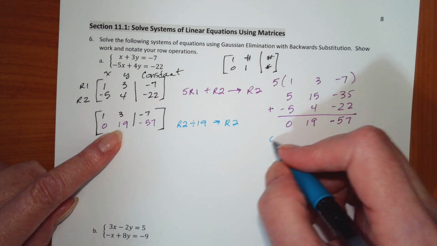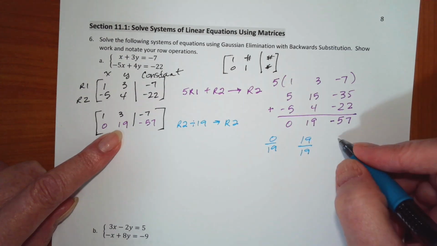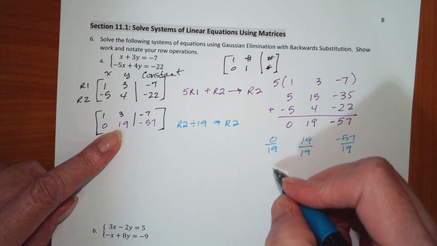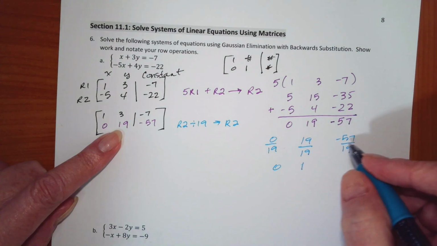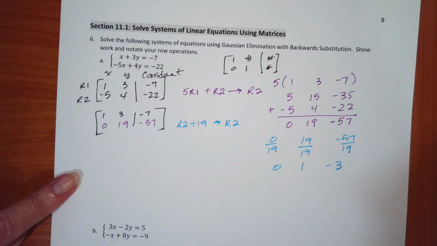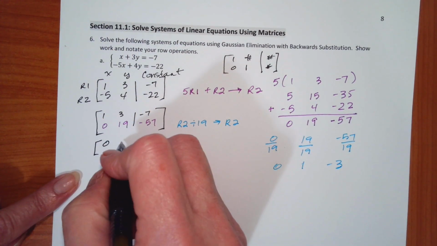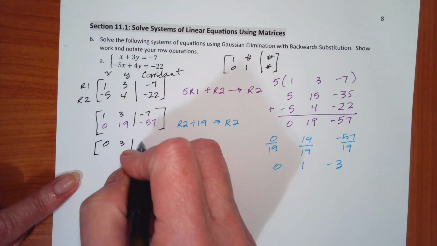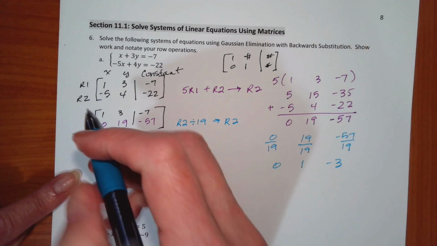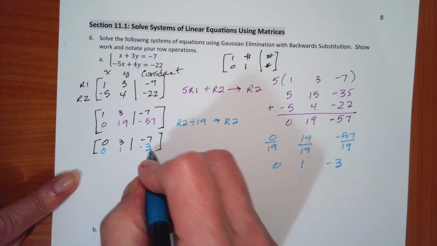So if I have 0 divided by 19, 19 divided by 19, and -57 divided by 19, that becomes 0, 1, and -3. So my first row remains the same, 1, 3, -7. But now my second row becomes 0, 1, -3.